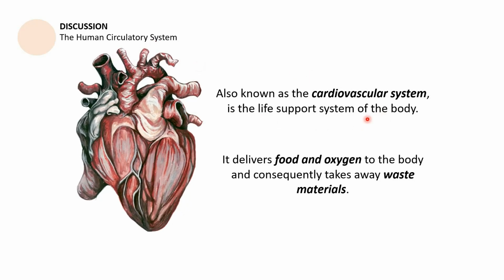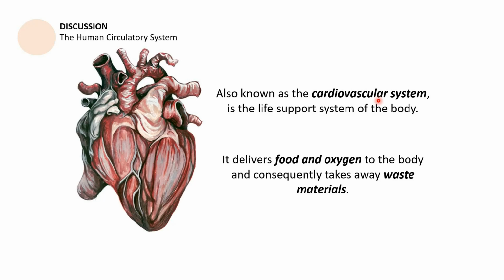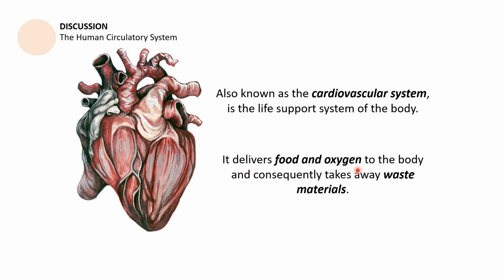The human circulatory system or the cardiovascular system, cardio from the heart, vascular from the vascular bundles, yung mga ugat-ugat, vascular systems natin, they deliver food and oxygen to the body, and then they are consequently taking away waste materials. So ganun yung ginagawa.